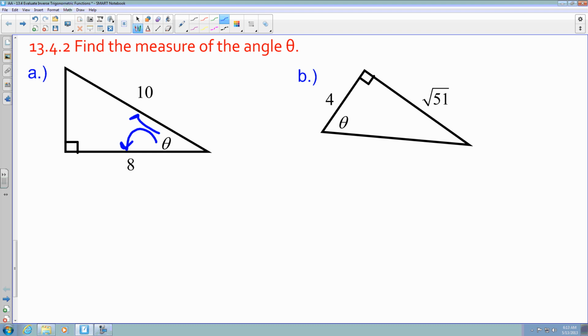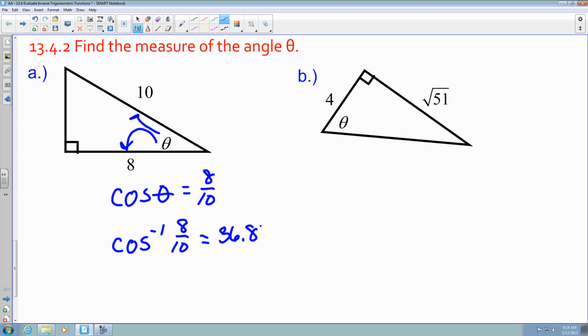Adjacent over hypotenuse is cosine, so cosine of theta equals 8 over 10. To find theta, I take the inverse cosine of 8 divided by 10, and that gives me roughly 36.87 degrees.